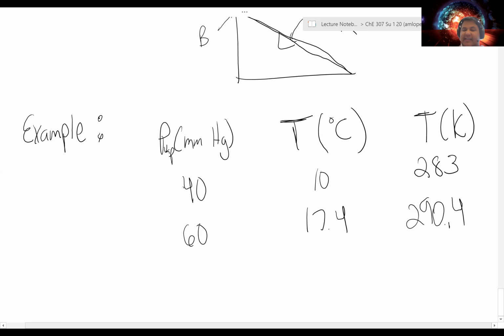So the easiest way to do a problem like this is most definitely Excel. So I'm going to pop over to Excel. I'll share that screen with you as soon as my Excel has effectively loaded.